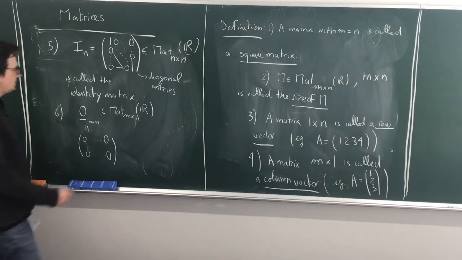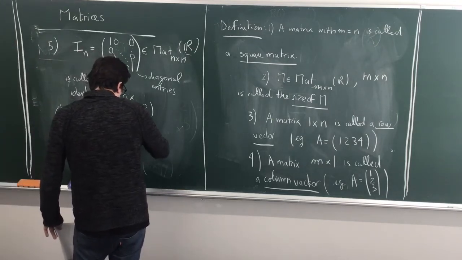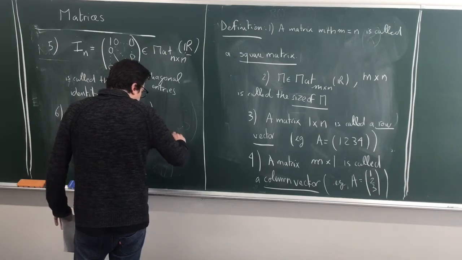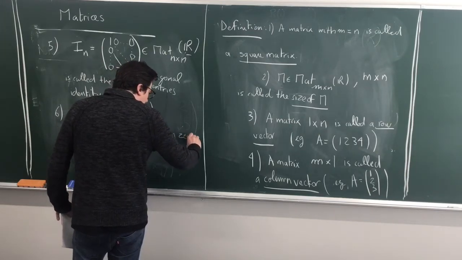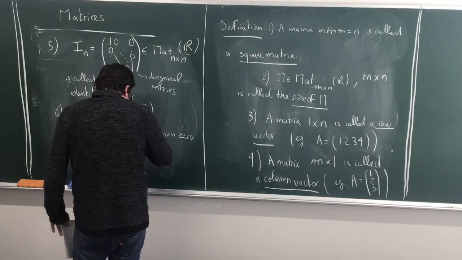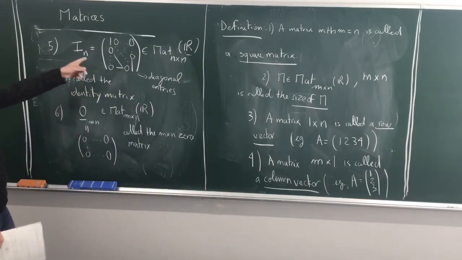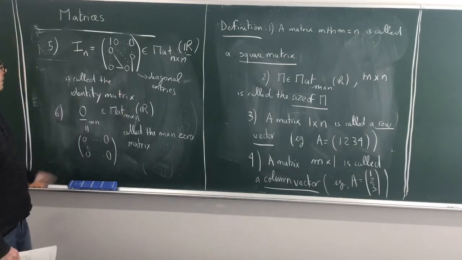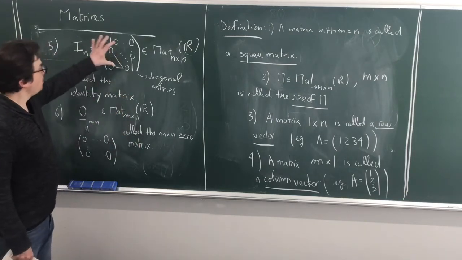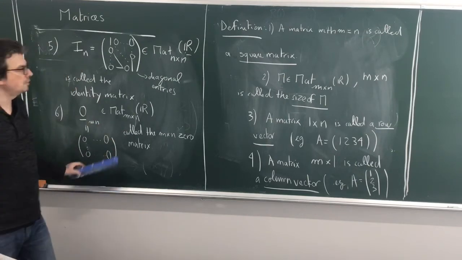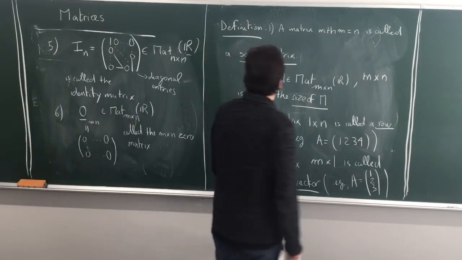Then we will call this the m times n zero matrix. So be careful, the identity matrix must be a square matrix, but the zero matrix can be anything, any number of rows and columns.